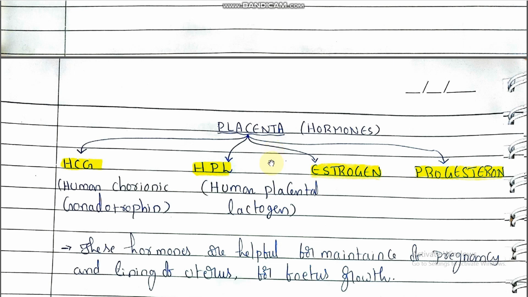That point you need to remember. So the placenta secretes HCG, human chorionic gonadotrophin, HPL, human placental lactogen, estrogen and progesterone. Is this clear? Along with these, a number of other hormones are also secreted from the placenta. It is not given in the NCERT textbook, so there is no need to discuss it here.